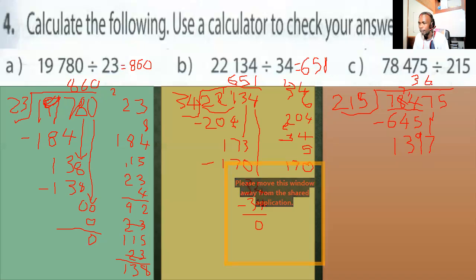Now, let's work. 6 times 5, it's 30. 0 carry 3, right? 6 times 1, 6, plus 3, 9. Good. Then 6 times 2, 12. Can you see that?